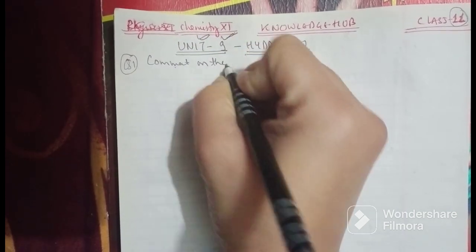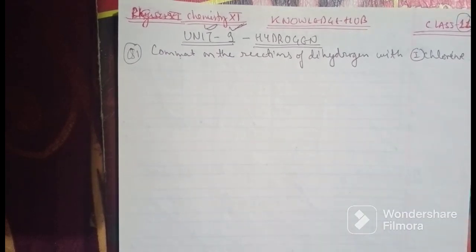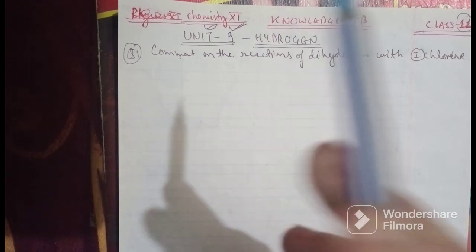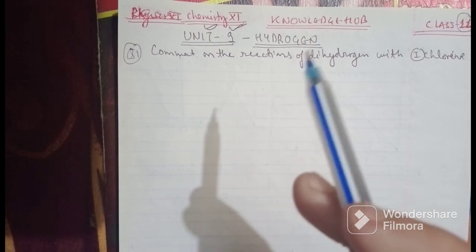Comment on the reaction of dihydrogen with, first, chlorine. For chlorine, dihydrogen reduces chlorine into chloride, which is the Cl minus ion, and itself gets oxidized to H plus ion by chlorine to form hydrogen chloride.